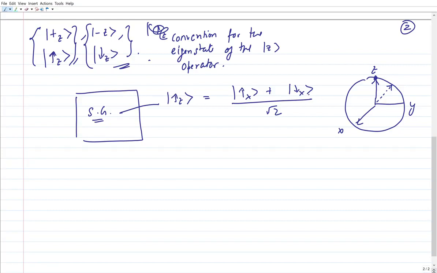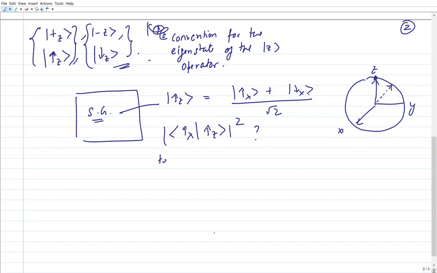And the inner product, let's say, the inner product of plus x with plus z, squared, what does it tell you?